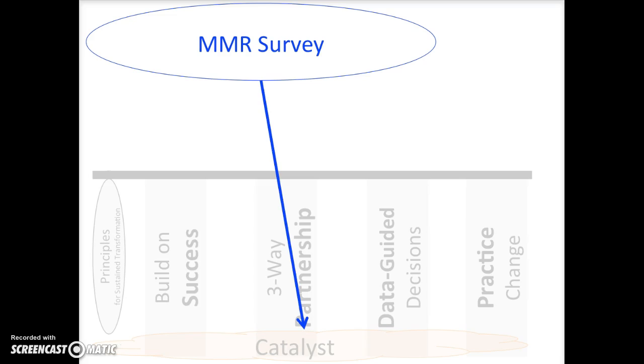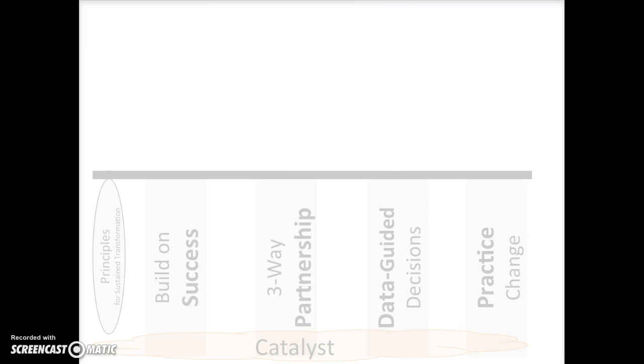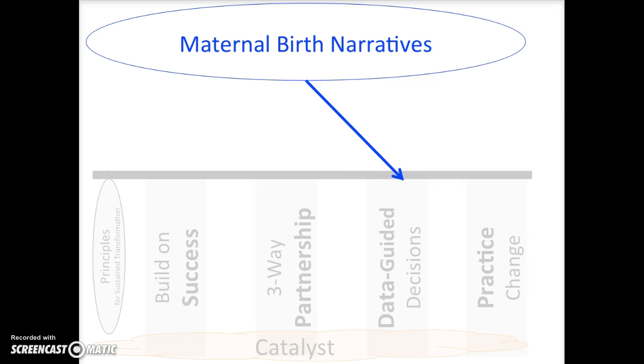So this was the catalyst. Can we describe and measure mortality in this context? And what happened was the agency was building their intervention work on these 4 principles of sustained transformation. When they began to gather data about maternal death, it was done in a very atypical way.